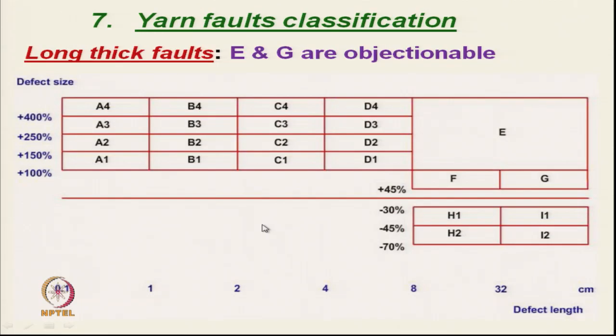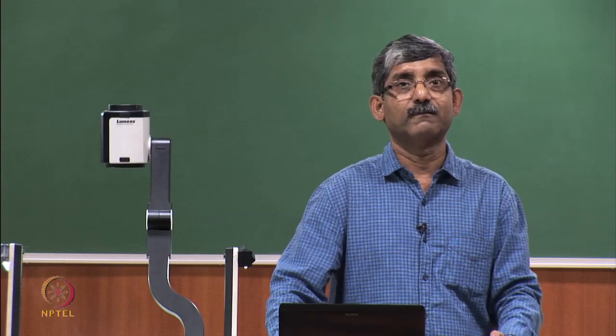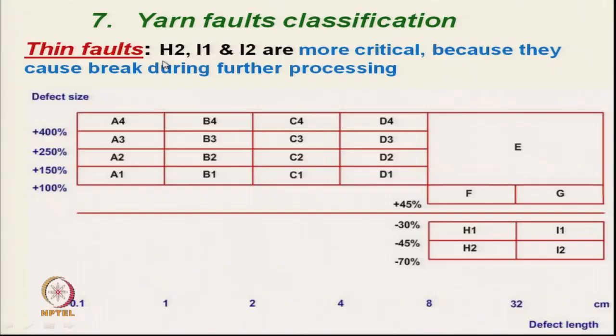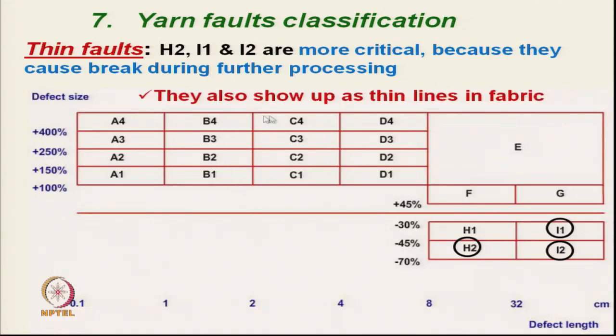Long thick faults E and G are objectionable, so we can always remove these. Thin faults H1, H2, I1, I2 are objectionable faults and more critical, because they cause breakage during further processes. They also show up as thin lines in the fabric. So, we have to remove these faults.